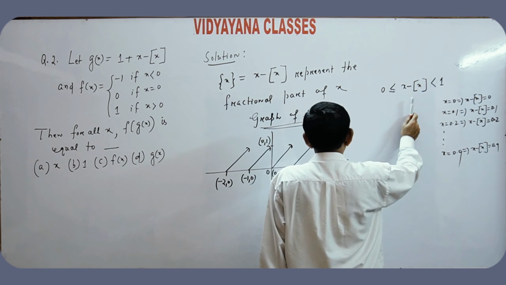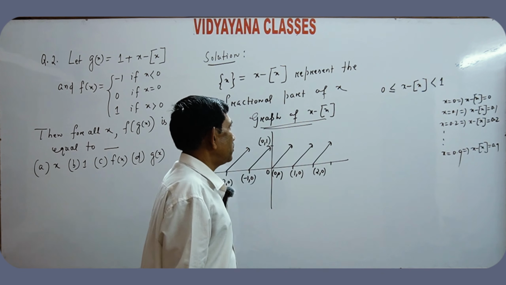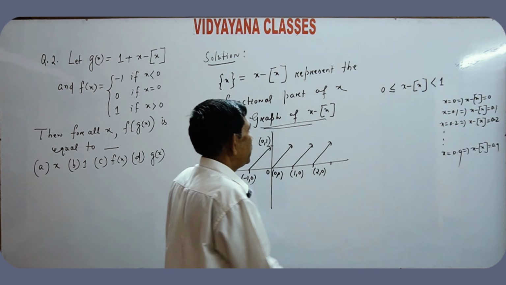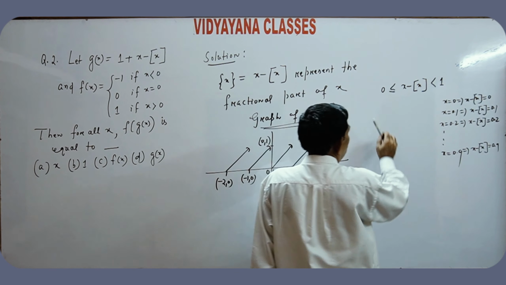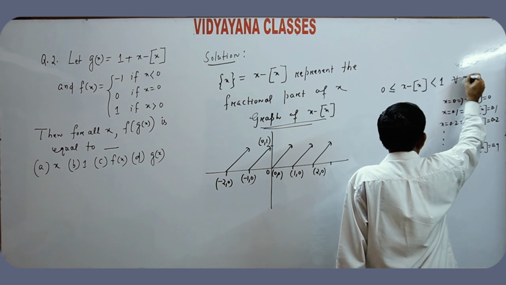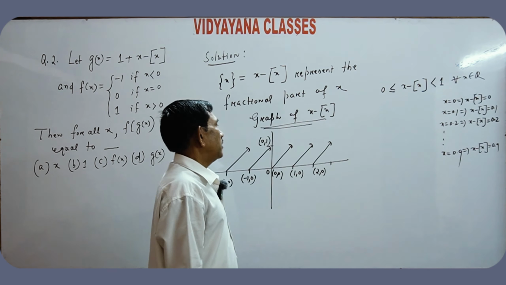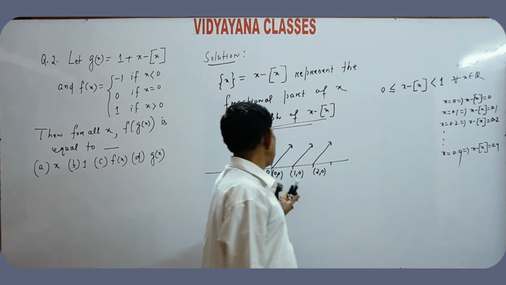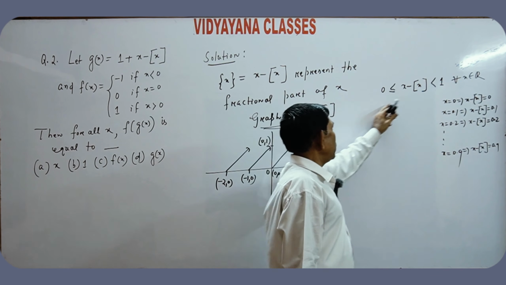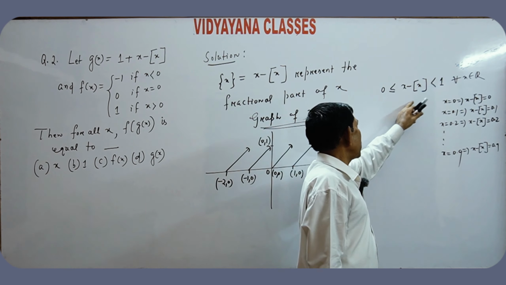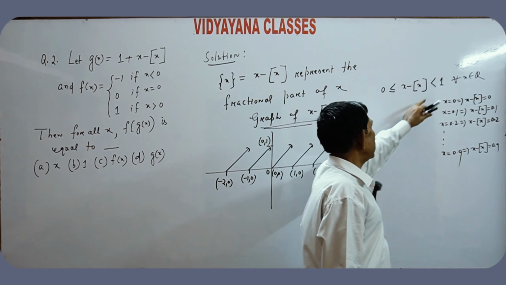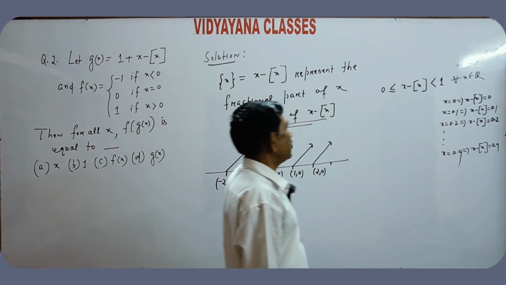For all x belonging to R, the set of real numbers, the value lies between 0 and 1. x minus [x] is greater than or equal to 0 and less than or equal to 1 for all x belonging to R.